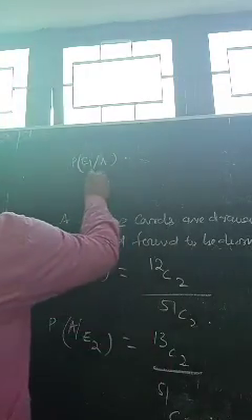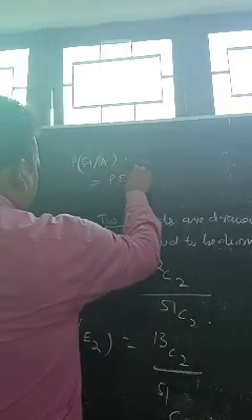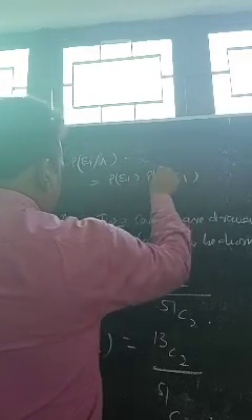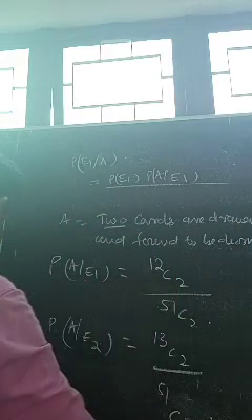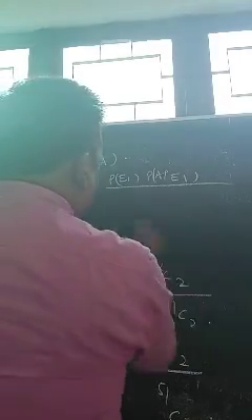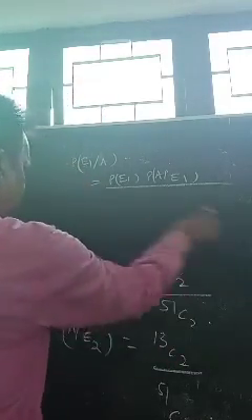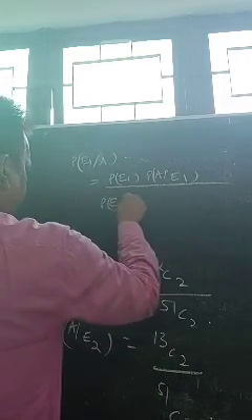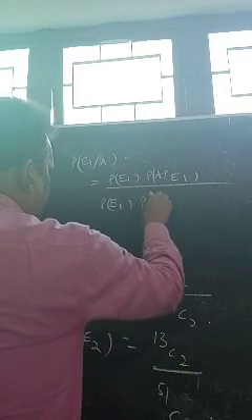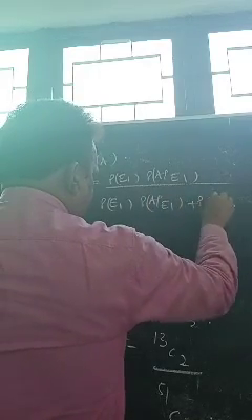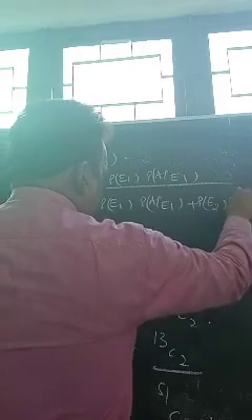That will be probability of E1, A of E1 by probability of E1, A of E1 plus probability of E2, A of E2.